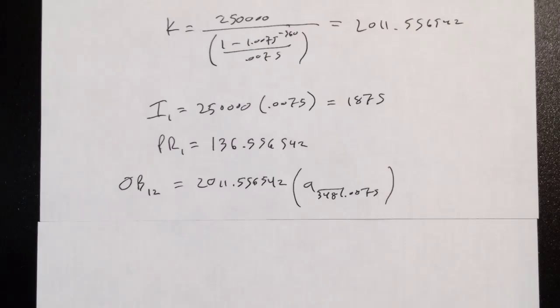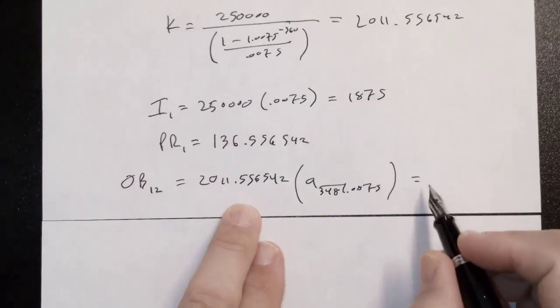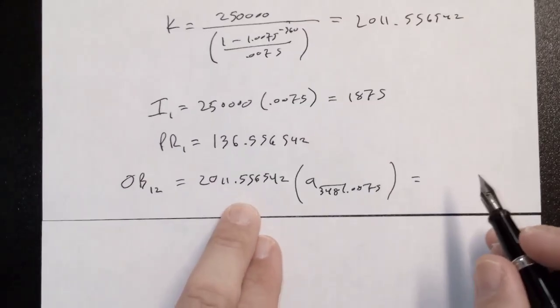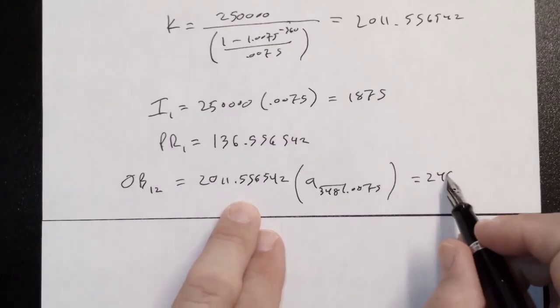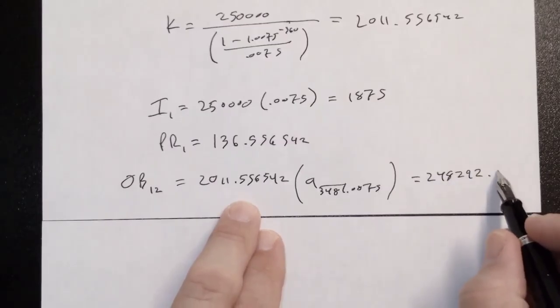Now, again, I'm going to keep all the decimal places. $248,292.0072.